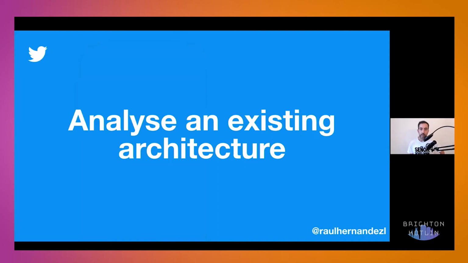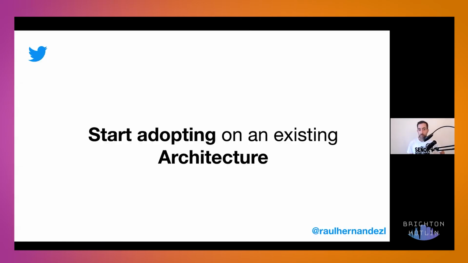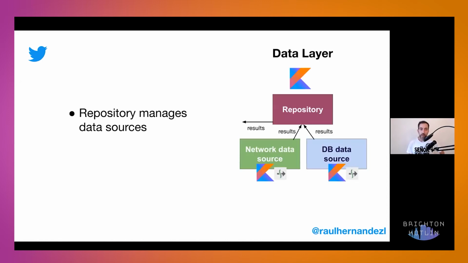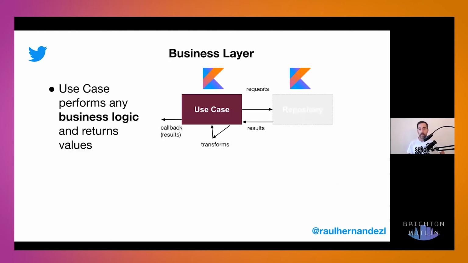Then let's see what architecture I started analyzing. We can start from this point, because this can be any architecture that you can think of initially. First of all, I use a separation of concerns. So I had the data layer with the repository managing two different data sources, the network and the database data source. Then the business layer, combining results coming from the repository.